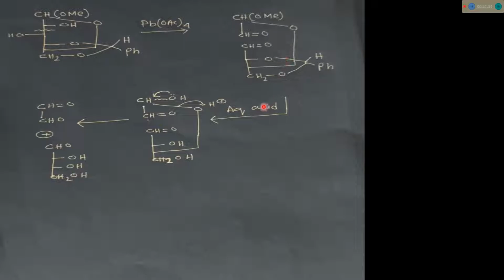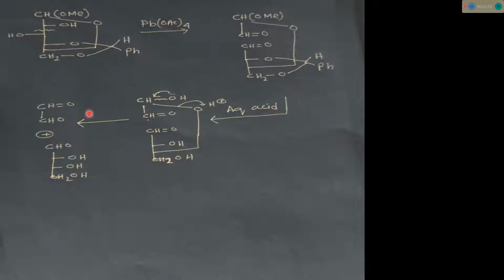Now see, if we use aqueous acid, there is no change in stereochemistry, just bond breaking. This bond breaks to form two aldehyde groups. If we use aqueous acid, this hemiketal, or you can say this hemiacetal, this kind of moiety, after treating with aqueous acid, the protected functionality becomes deprotected, so this becomes free OH, this also becomes free OH, and two carbonyl groups are present, aldehyde.